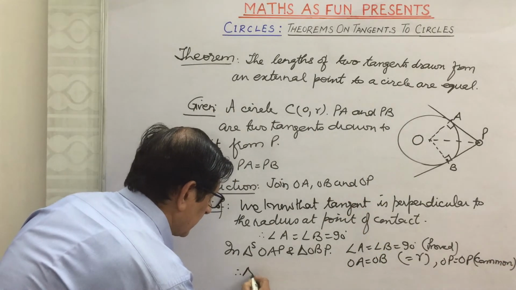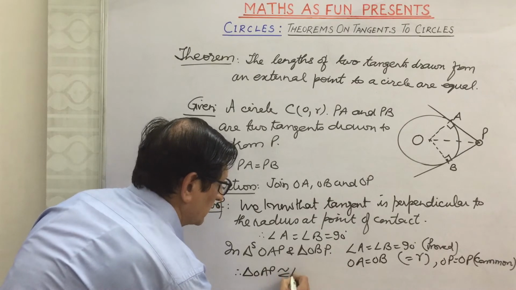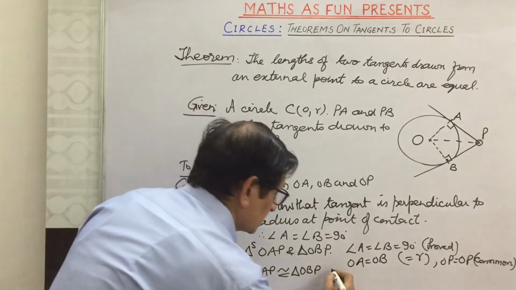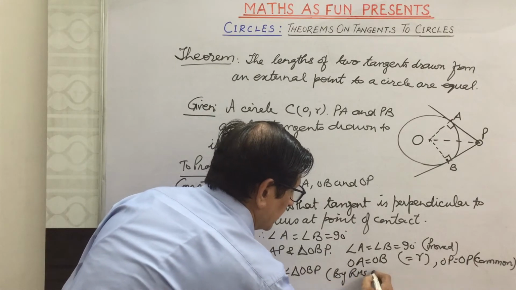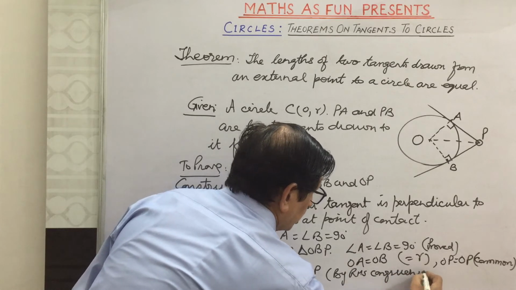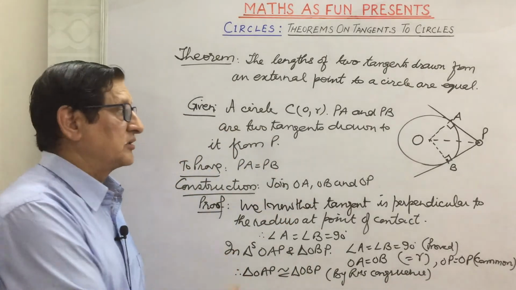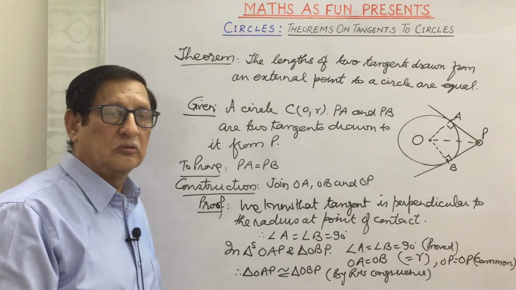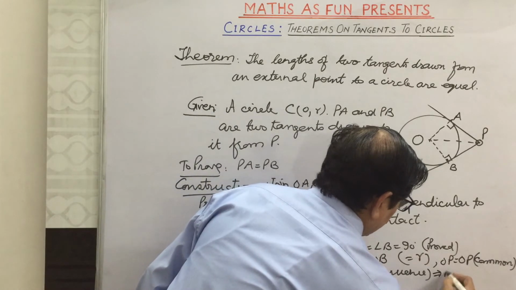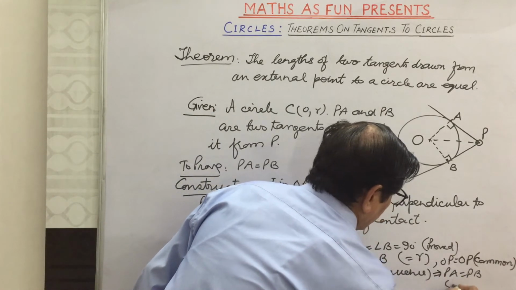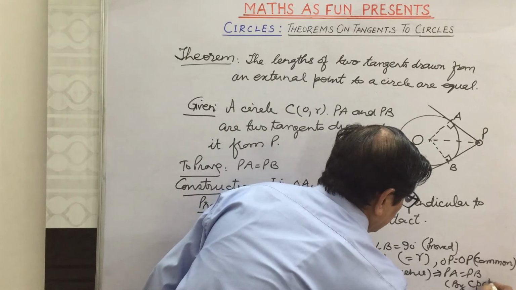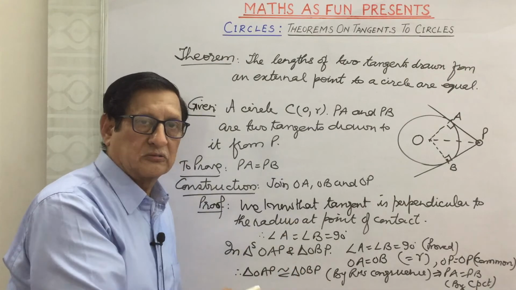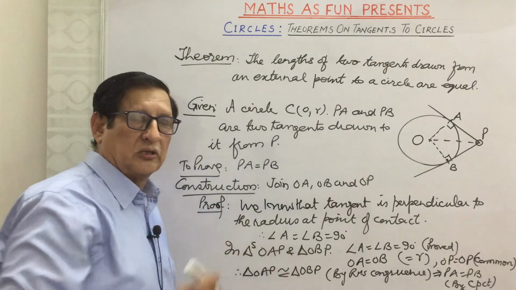Therefore, triangle OAP is congruent to triangle OBP by RHS congruence. And if they are congruent, certainly the corresponding parts will be equal. So we can say PA is equal to PB by CPCT, that is corresponding parts of congruent triangles. And this is the proof of this particular theorem.